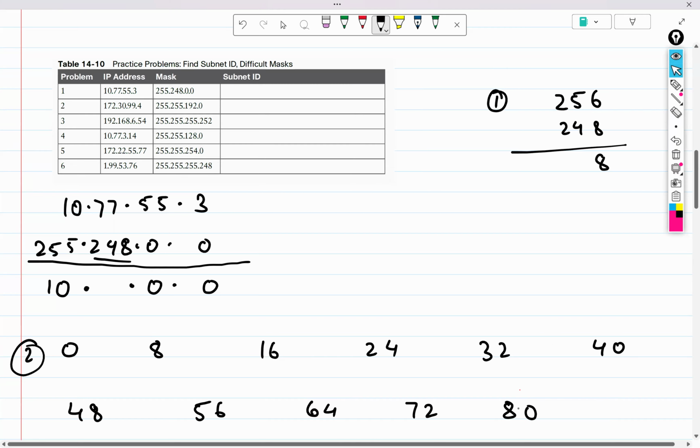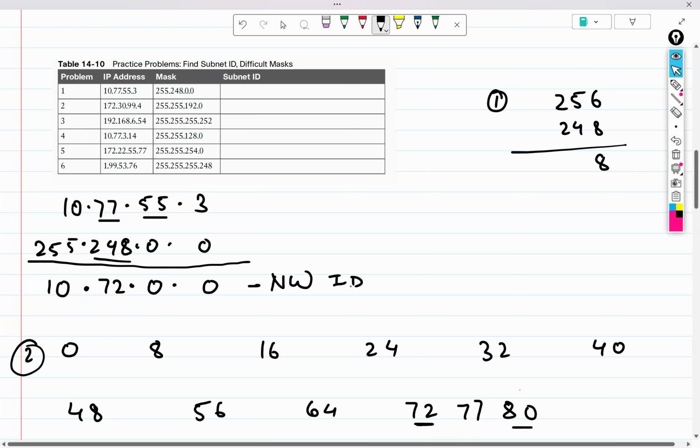Now, the third step is to find out where this number, 77, is lying between the two numbers. 77 lies between 72 and 80, right? Out of these two numbers, which is the least number? 72. So this becomes your network ID for that subnet.